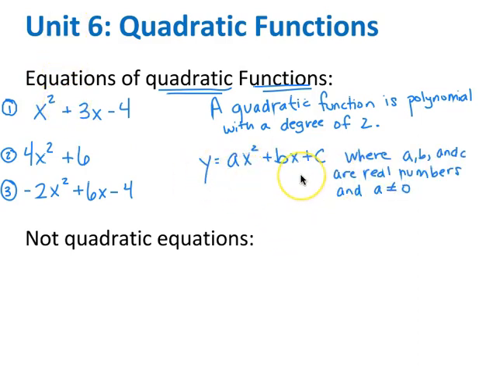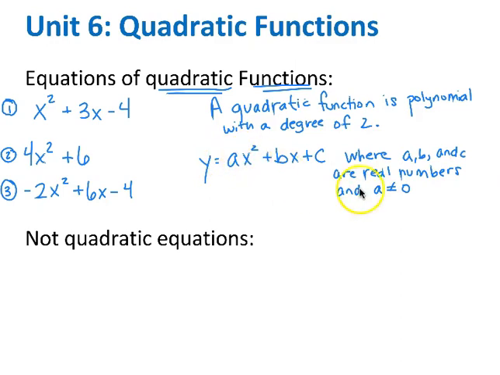Another way you might see quadratic functions explained is that a quadratic function will be given in the standard form of y equals ax squared plus bx plus c. So a, b, and c are all going to represent real numbers.